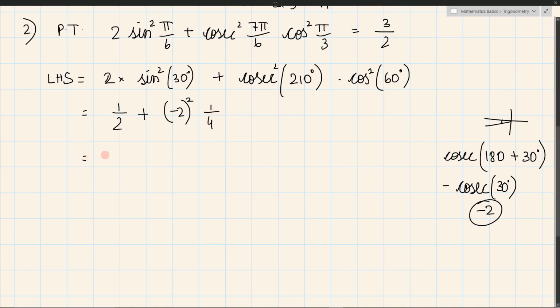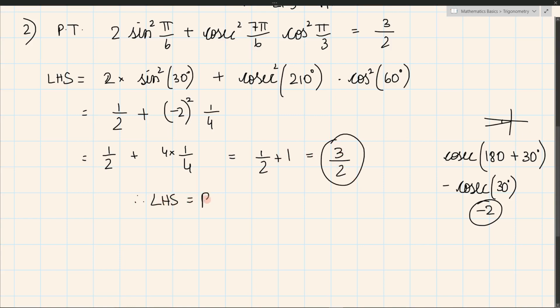So we have 1/2 plus, minus 2 square is 4, into 1/4. So this is nothing but 1/2 plus 1, that is nothing but 3/2. Therefore LHS is equal to RHS.